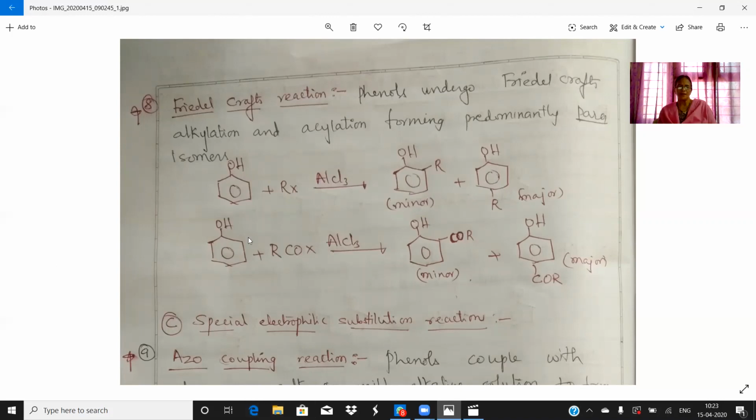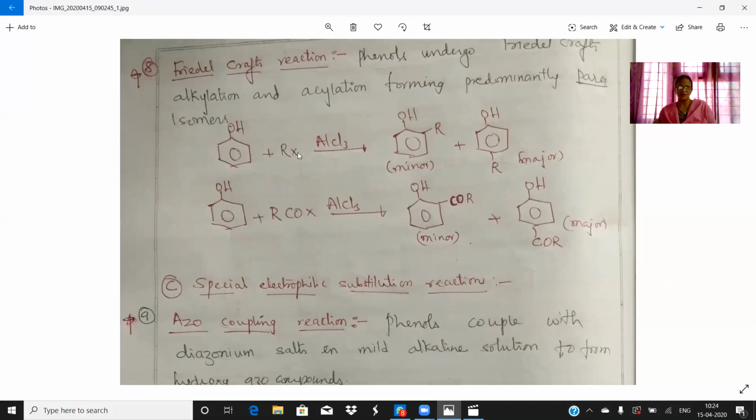Similarly, when phenol is treated with RCOX, that is acyl halide, in the presence of a Lewis acid like AlCl3, we get ortho and para substituted products, where the para substituted product is major and the ortho substituted product is minor. This is the Friedel-Crafts reaction. Instead of RX, you can write a specific example, CH3Cl, or CH3COCl, like that.